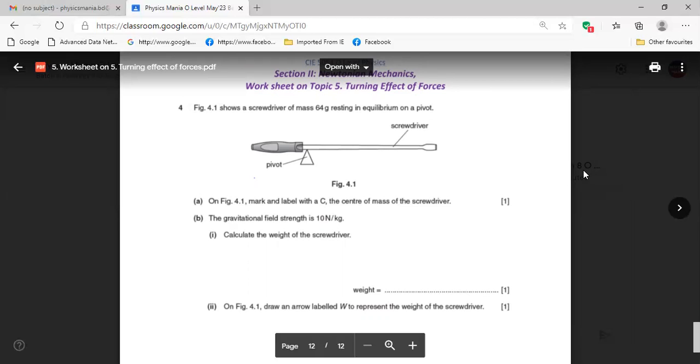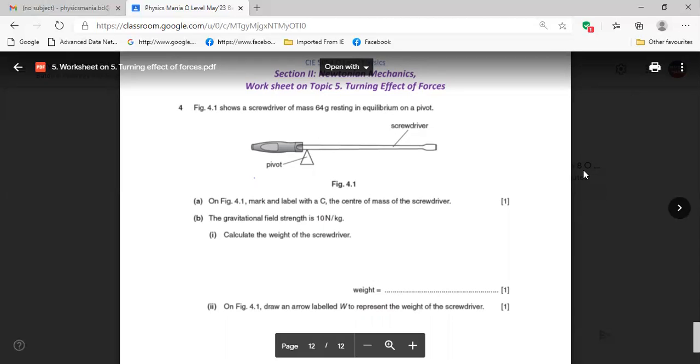So should I annotate? Where should the center of mass be? I think the center of mass is around the handle. The center of mass is just above the pivot, because there the screwdriver is balanced. Yes, in this area, just above the pivot.